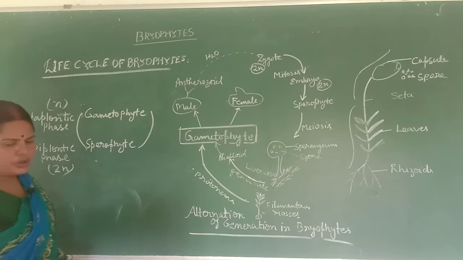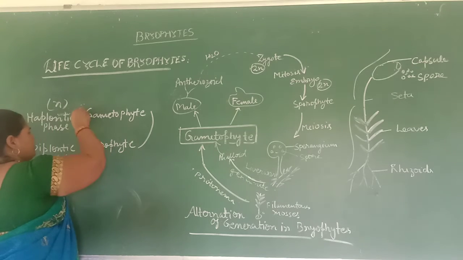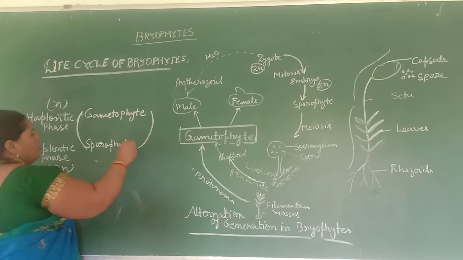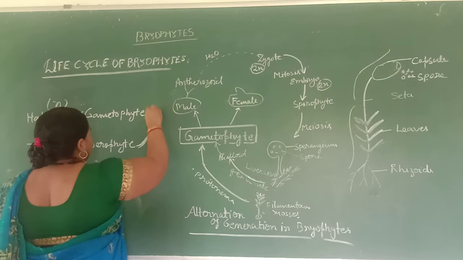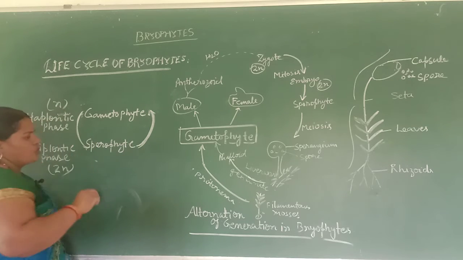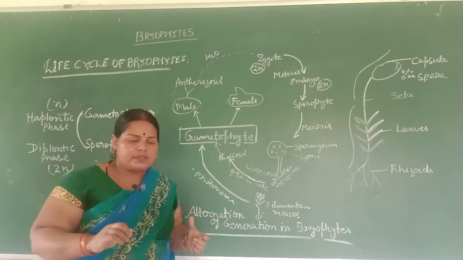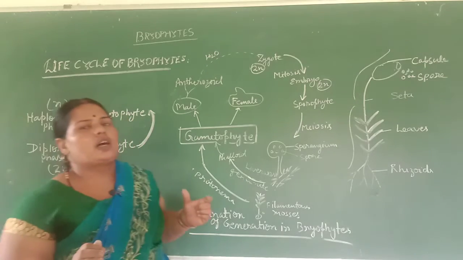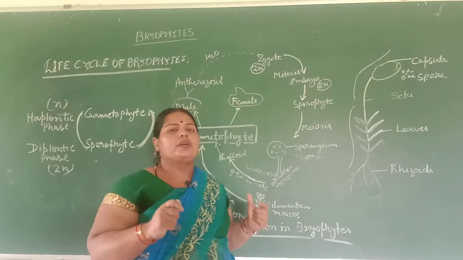So students, you see here the gametophyte to the sporophyte, and from the sporophyte to the gametophyte, and this shows the alternation of generation, where two stages are found in the life cycle of the plant.